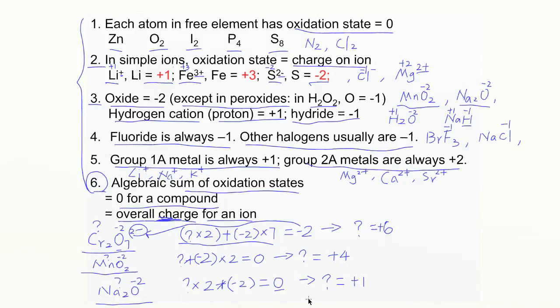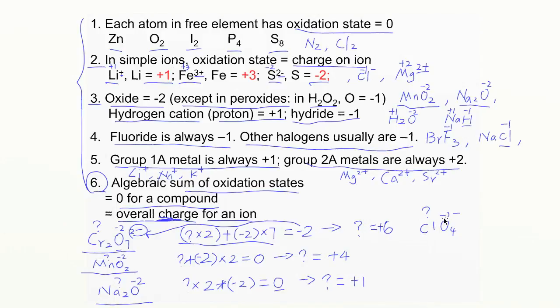All right, I can give you one more example, perchlorate. In criteria number 4, other halogens usually are negative 1. Chloride, like sodium chloride, has a negative 1 oxidation state. But here, if you want to identify the oxidation state for chlorine, we use the strategy we just discussed.